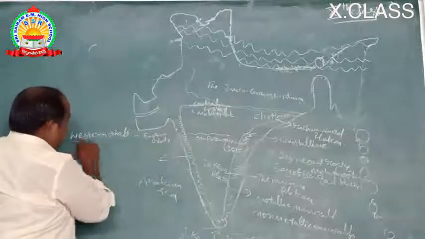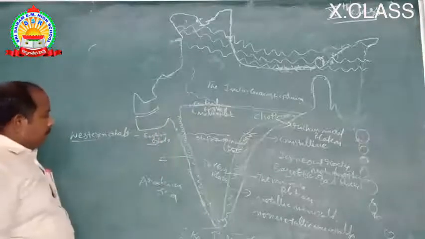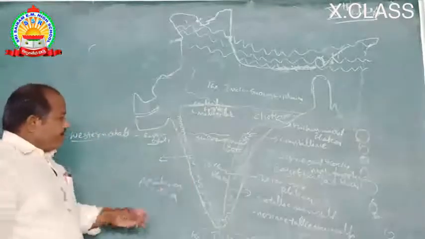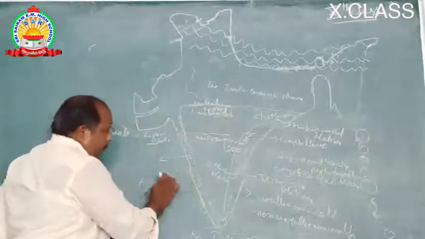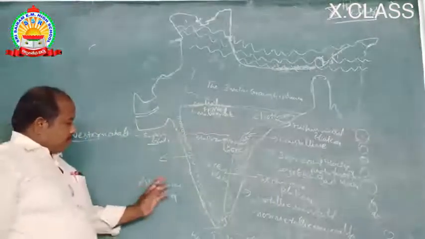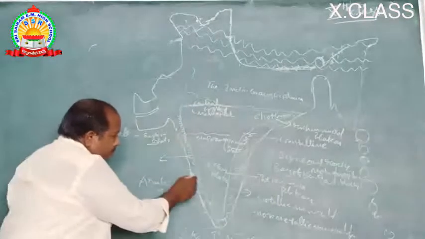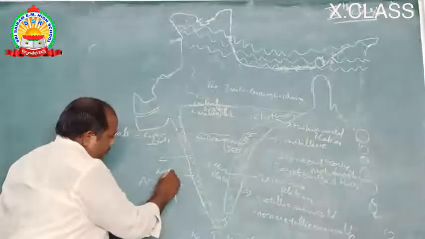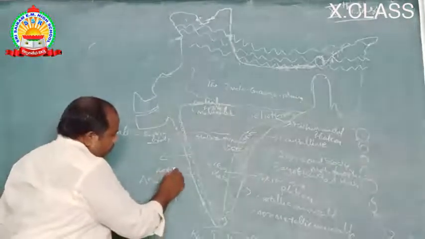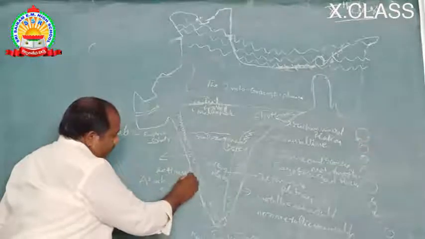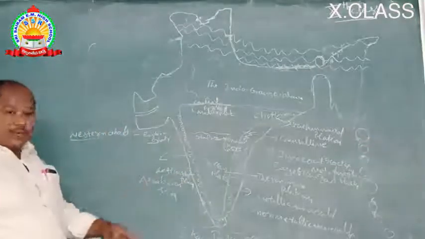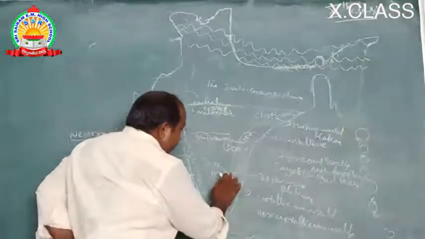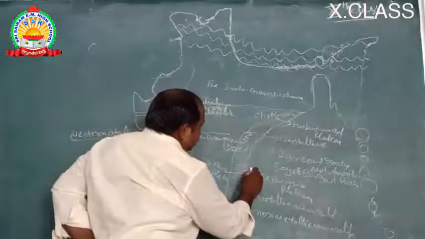The Western Ghats lie between the Peninsular Plateau and the West Coastal Plain. The Eastern Ghats lie between the Peninsular Plateau and the East Coastal Plain.